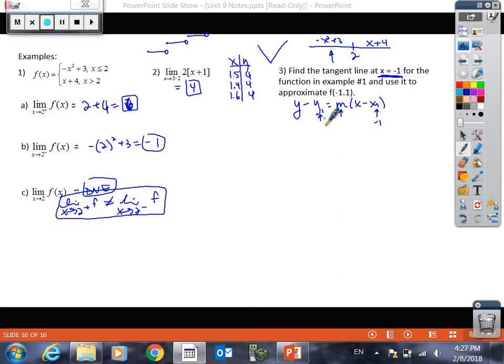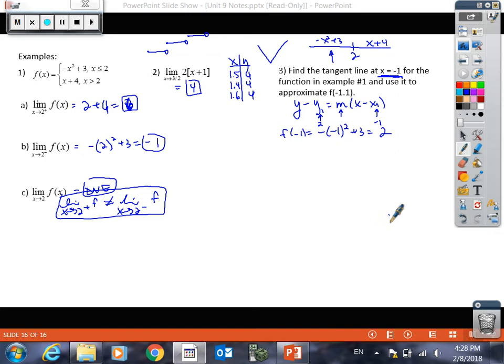And we agree it's over here because it's -1. So f of -1 is going to be negative, and then I plug in a -1 where the x is, plus 3. So we have -1 squared is 1, and then -1 plus 3 is 2. So my y value there is a 2. Okay, great. So I have that piece right there.